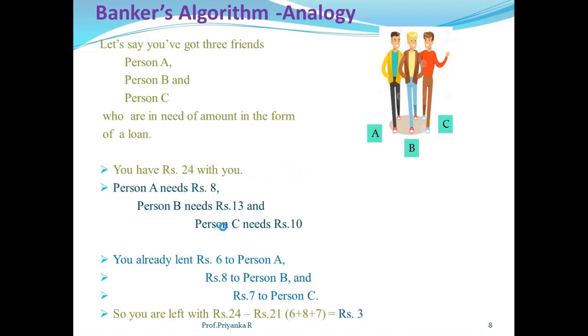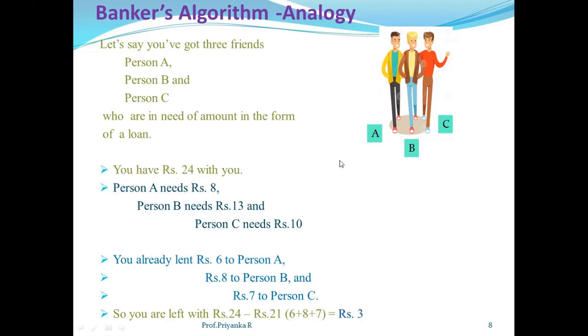So now let us have a scenario where you have three friends, person A, person B and person C, who are in need of money in the form of a loan. Now there's a depiction of the friends here where I have named them A, B and C, and they are in need of money at that particular point of time. Now you have rupees 24 with you.